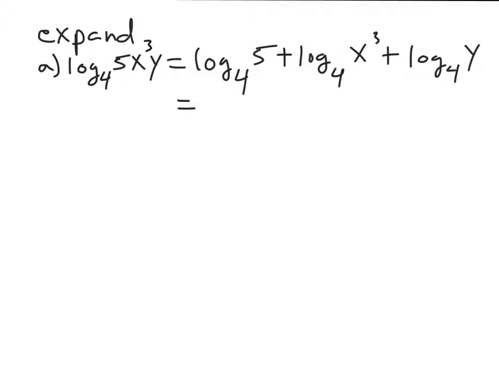And we've almost completely expanded. There's one more thing we need to do. This third power can come down here and be 3 times log base 4 of x plus log base 4 of y, and there you have it.